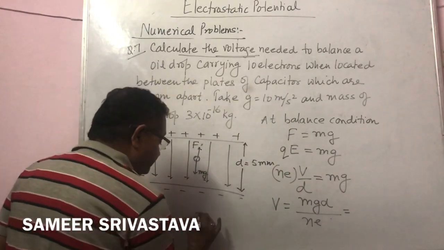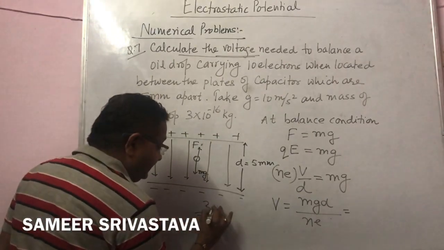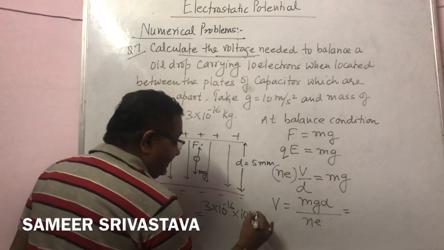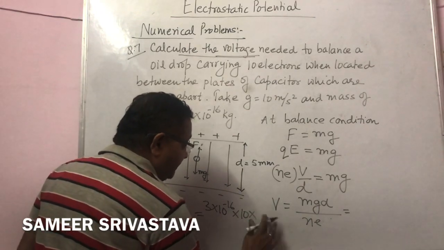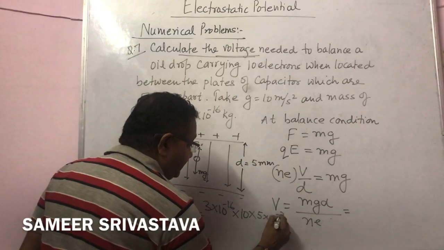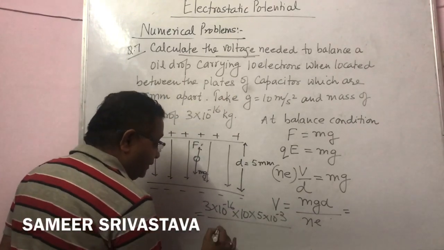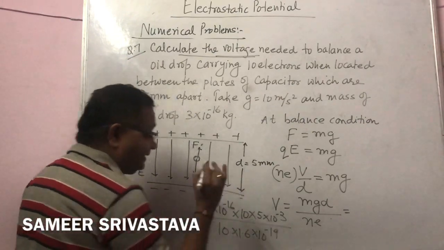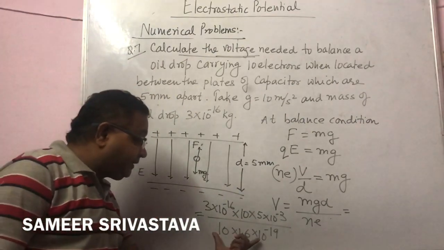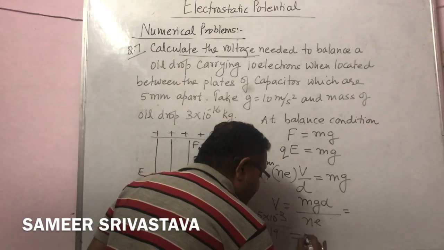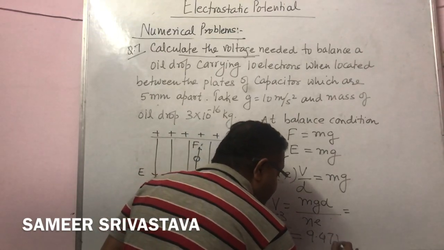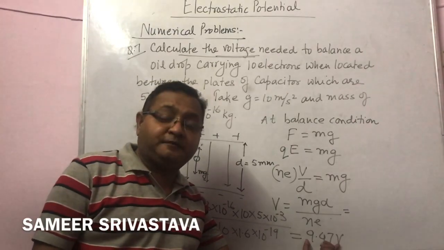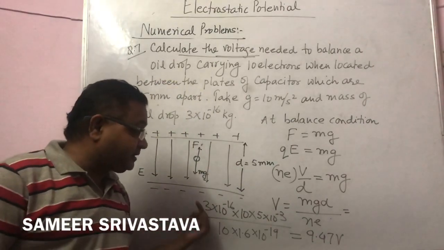Mass is given as 3 into 10 raised power minus 16. g is 10 and d is 5 into 10 raised power minus 3, millimeter converted into meter. N, the number of electrons, is 10. One electron charge is 1.6 into 10 raised power minus 19. After calculating this, you get V equal to 9.47 volt. Your answer will be 9.47 volt.